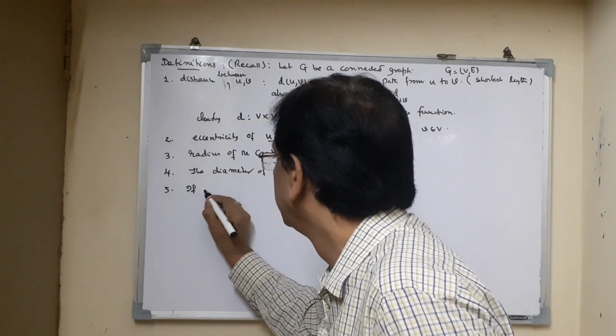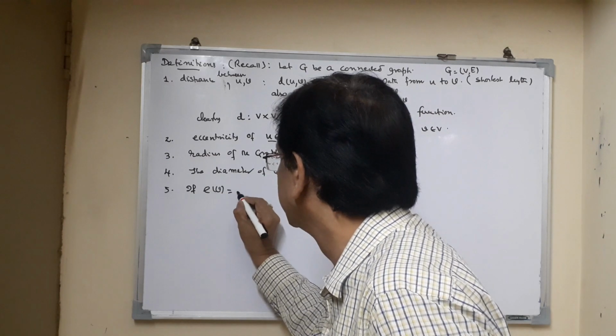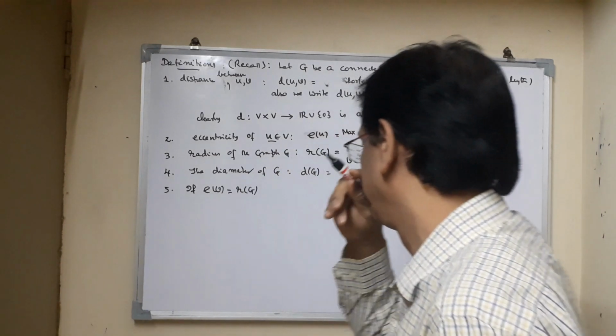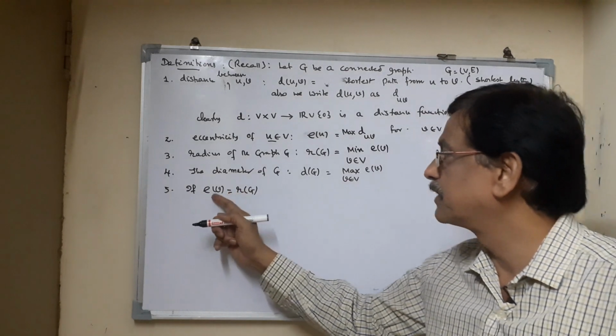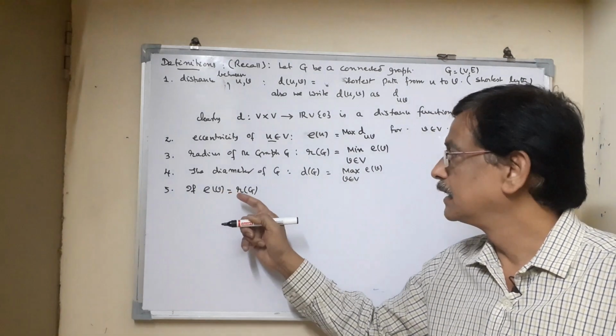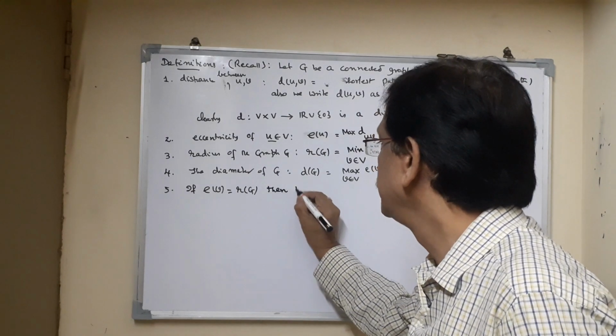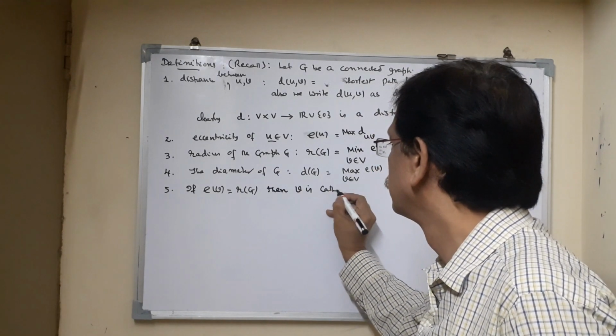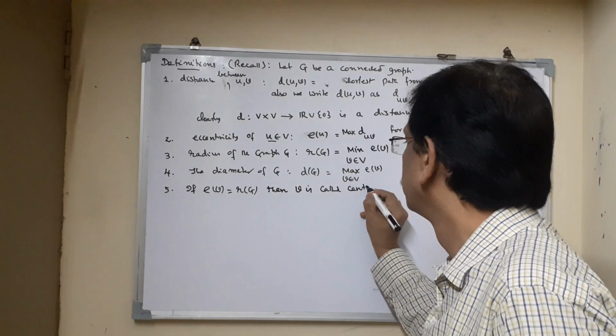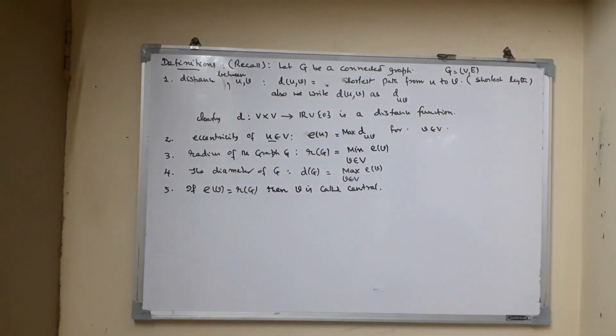If e(V) is equal to r(G), that means if the eccentricity of the vertex is the radius of the graph, then V is called a central element.